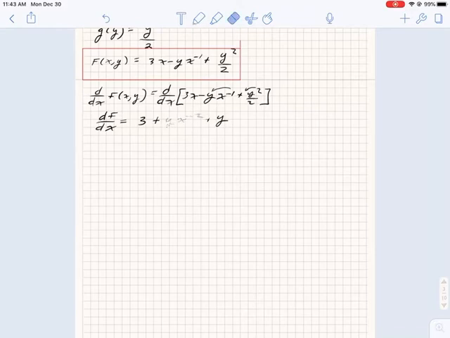Actually, we're not taking partial derivatives here, so let's go back and rewind and notice that this is a product rule with implicit differentiation, because we're taking a derivative with respect to x of a variable that is not x, which is y.